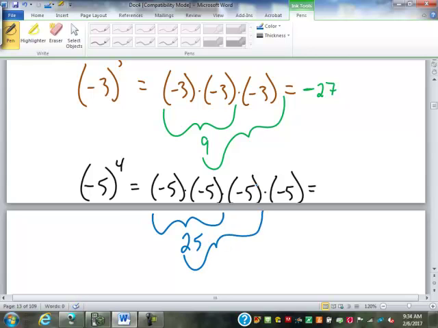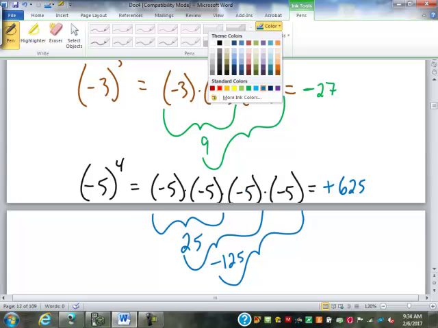Times another -5, it's 125, but a positive times a negative will be a negative. And now we have a negative times a negative, which means positive 125 times 5, 625.